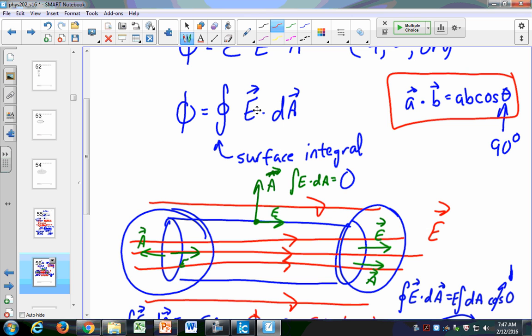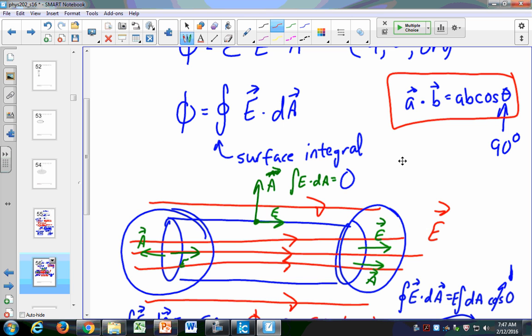I reminded you that we used that to define our work, because we wanted those two vectors in the same direction. That cosine theta takes the component of one vector that's in the same direction as the other vector. So that's what the dot product does. I think we won't see the dot product again. We'll see the cross product again, but not the dot product after this chapter.